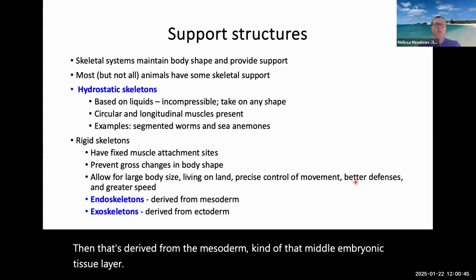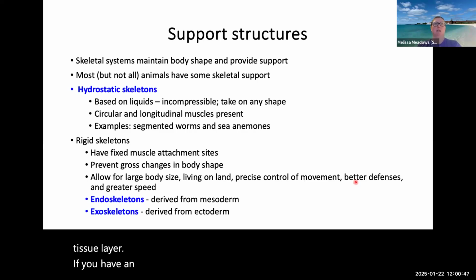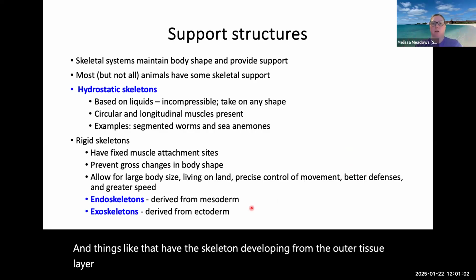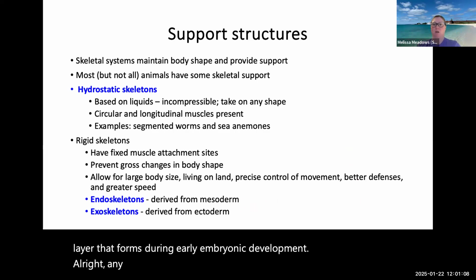If you have an exoskeleton, it is from the ectoderm. So our arthropods and things like that have this skeleton developing from the outer tissue layer that forms during early embryonic development. All right, any questions so far?